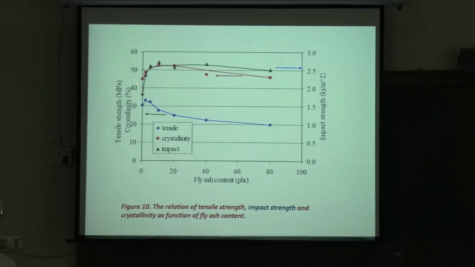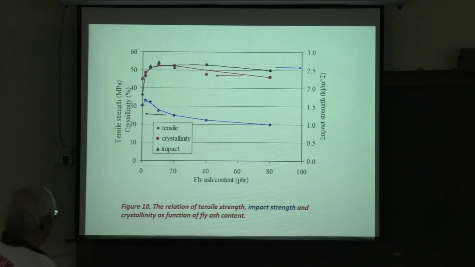And then when you put this fly ash with about 20%, the impact strength goes up from 1.7 to about 2.7. So if it goes up 1.7 to 2.7, it's about 30% increase, okay? And it still remains, even up to 80%, it still remains quite high. So the impact strength is quite high. All right? So this was your question.